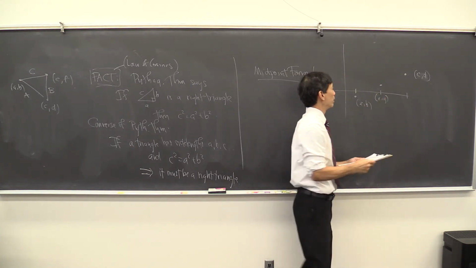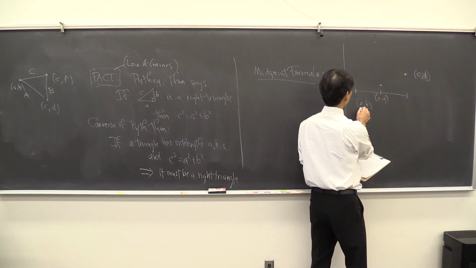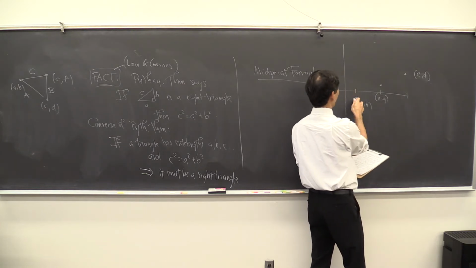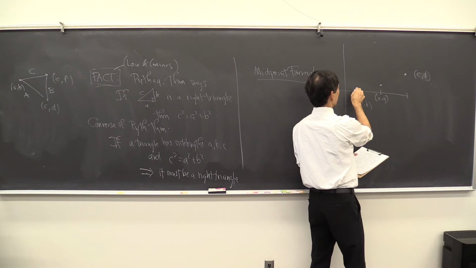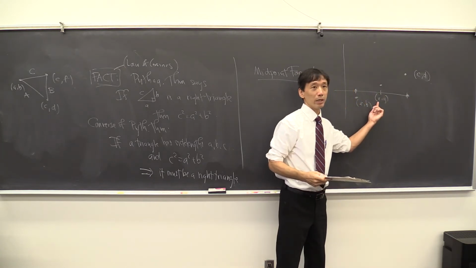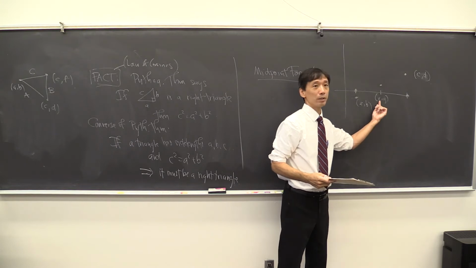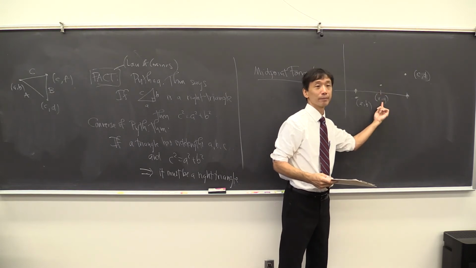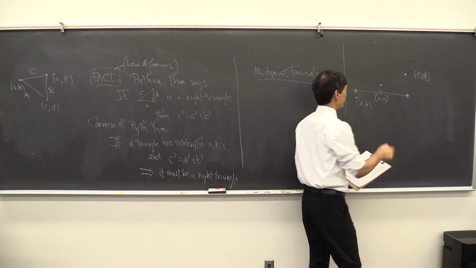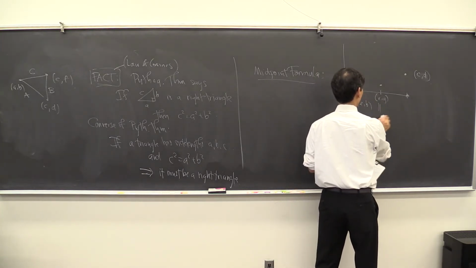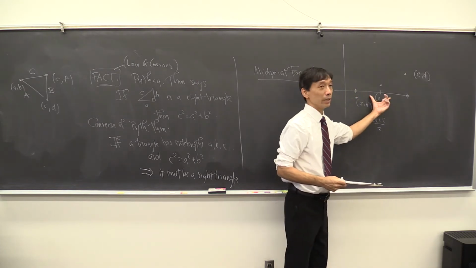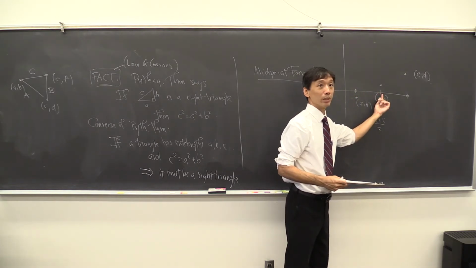If I take my point and look at its x coordinate and this other point's x coordinate, what's going to be the x coordinate of the midpoint? A plus C over 2, right? It's going to be the average. You take those 2 things and average them, you get the midpoint.